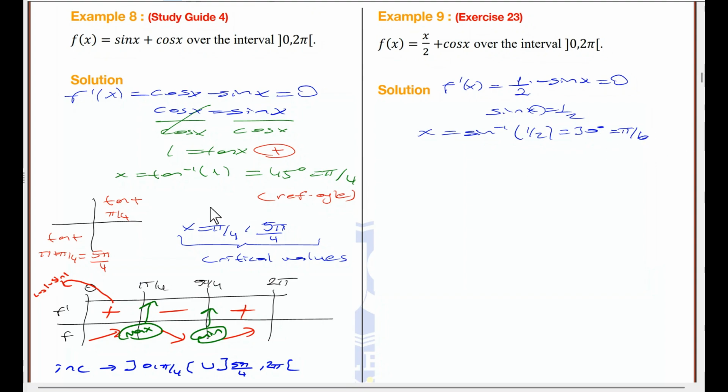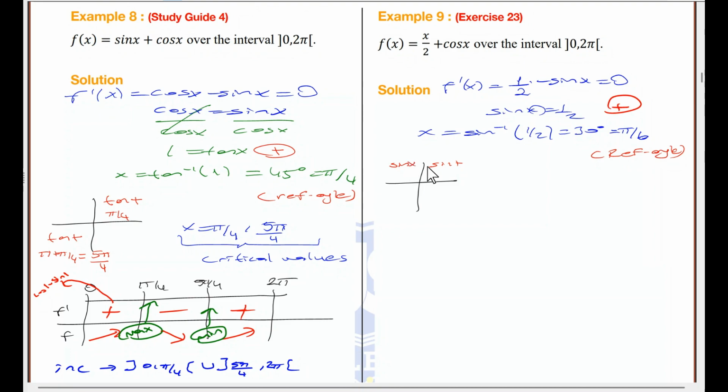So pi over 6 is the reference angle, right? So what are the original angles then? Look at the sign of sine. Sine x is 1 over 2, which is positive. In which region is sine positive? Sine is positive in the first region and in the second region.